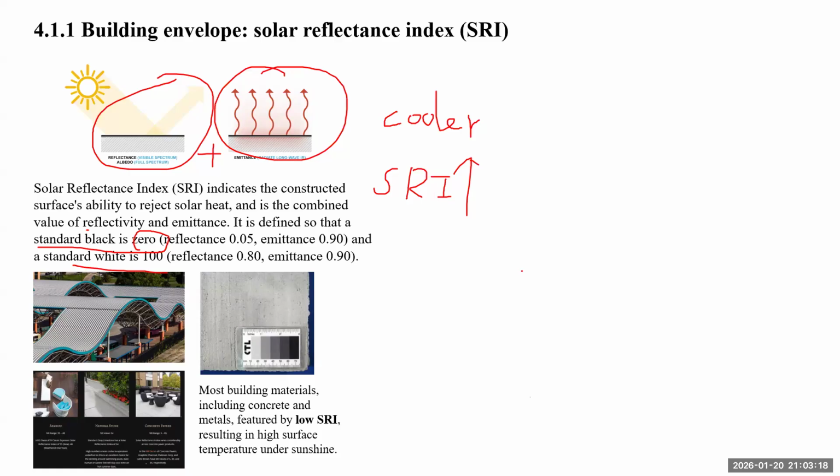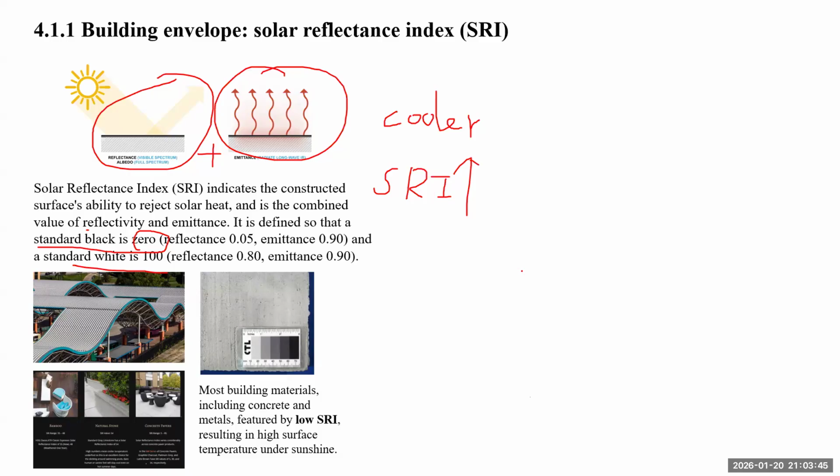And not only concrete and metal, even white marble, light marbles, wood, all materials, all pavement materials, all have a very low solar reflectance index. That's the reason even very light marble, you still feel very hot. This is very important.